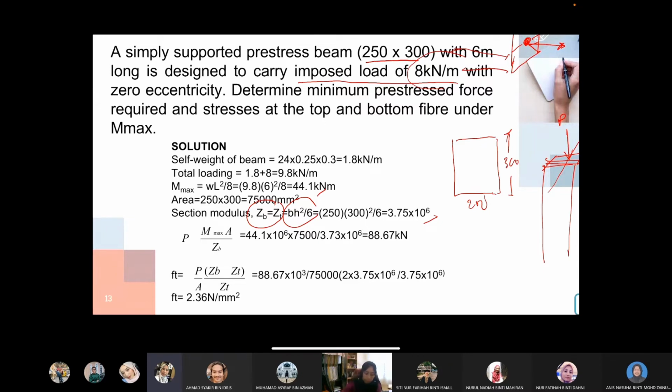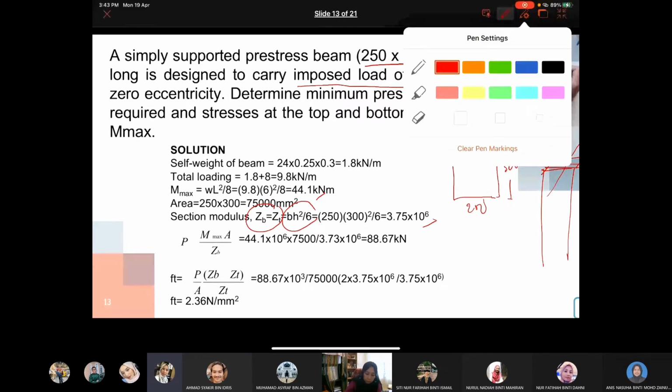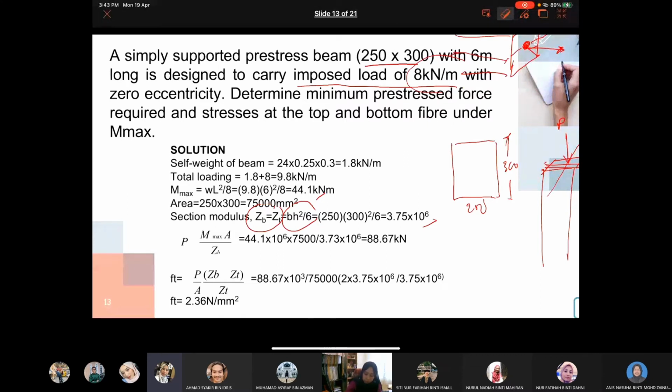Since in this case it's equal, why is it equal?